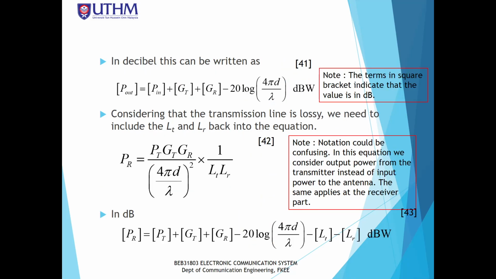Therefore, if we want to represent the power in terms of decibel, in dBW, the multiplication process in absolute value is represented as an addition process in decibel, whereas the division process in absolute value is represented as a subtraction process in decibel. For the multiplication process in absolute value, when we work in decibel, we need to use addition. For the division process in absolute value, it is a subtraction process in decibel.